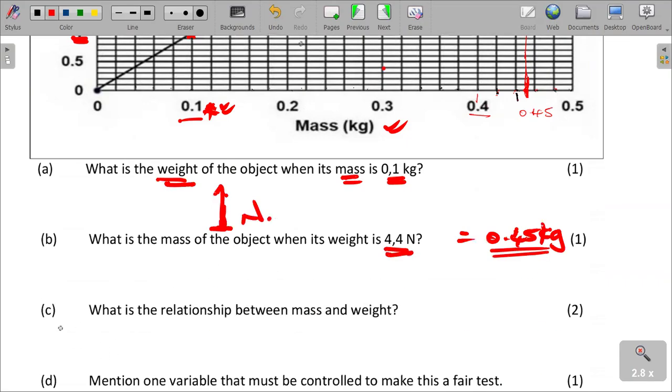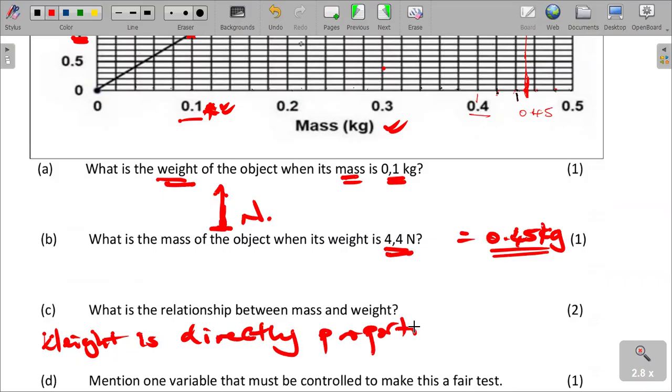Weight is directly proportional to mass, as you can see from this calculation that I've just been illustrating to you now, that when the mass increases, weight increases.